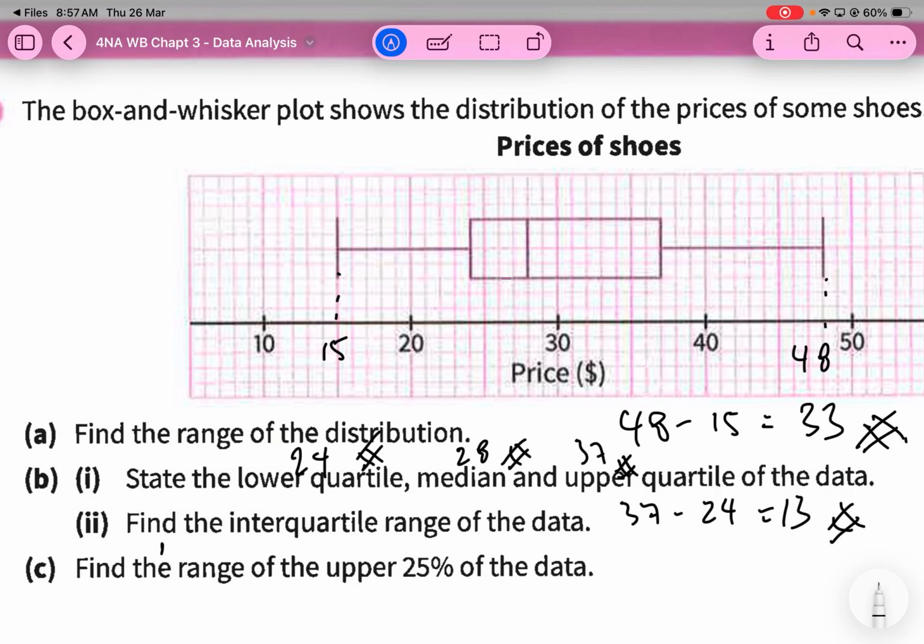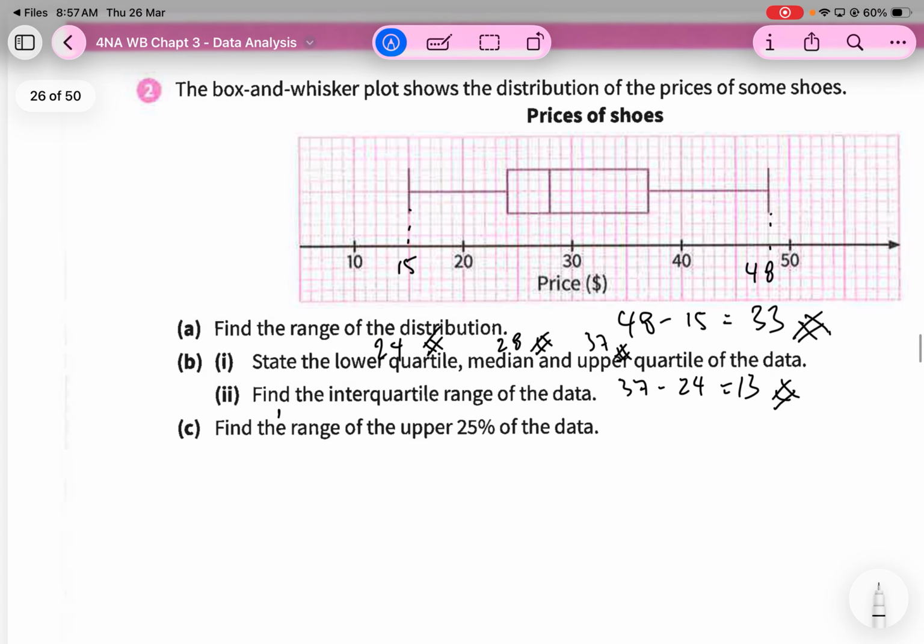If our data goes from 0 to 100, the upper 25% is this part. So it is the data that is between 75% and 100%, and 75% is our upper quartile.